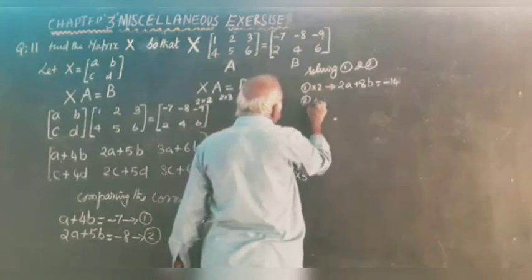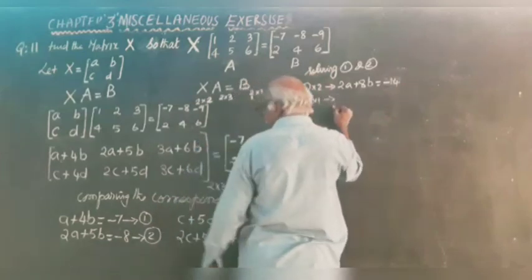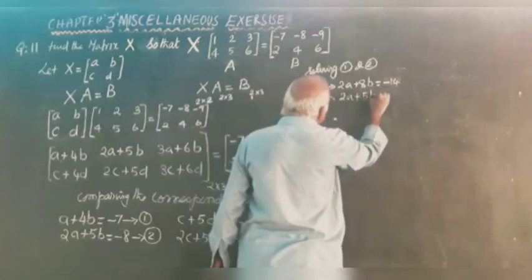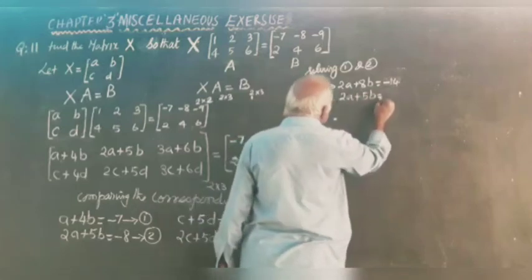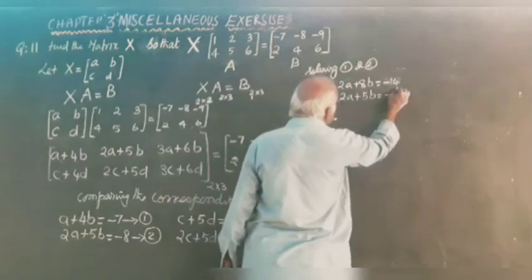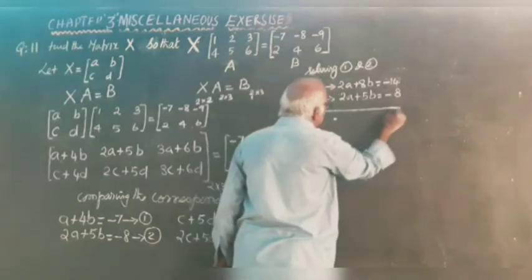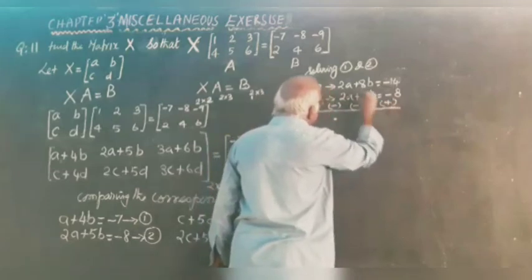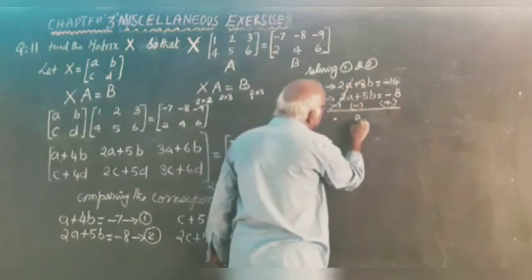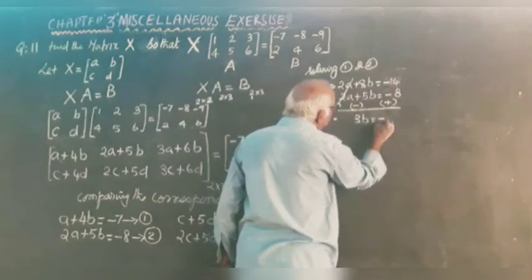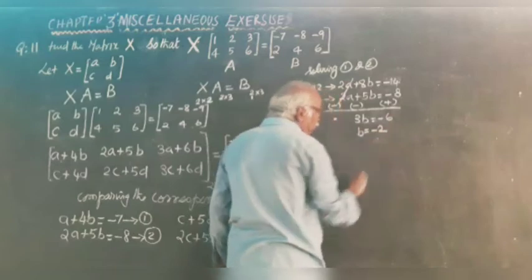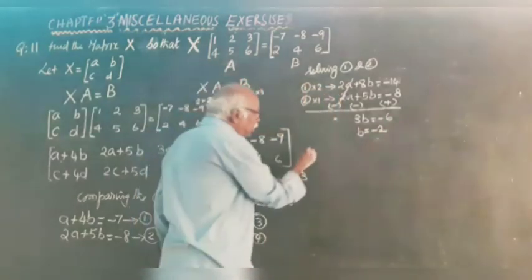Equation 2 into 1 implies 2A plus 5B is equal to minus 8. Now change the sign. Minus 8 cancel. 3B equal to minus 6. B is equal to minus 2.